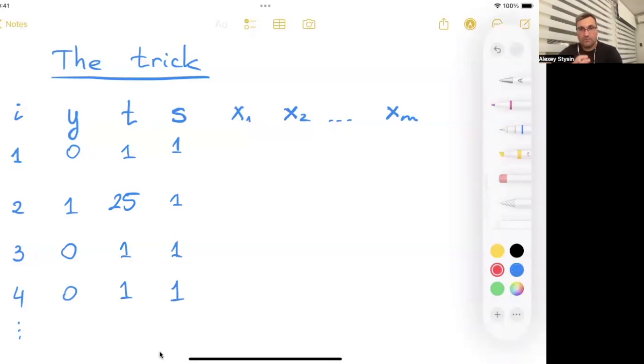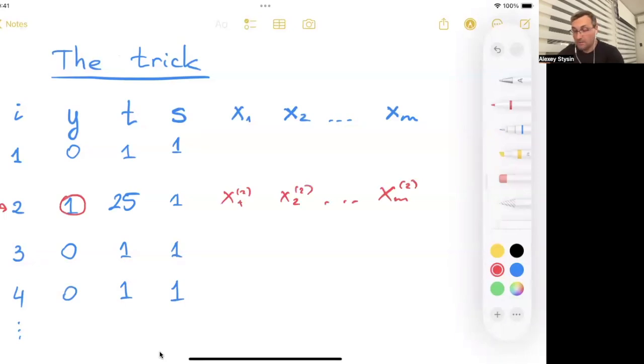So the idea of the trick is to find the rows that are clicks. For example, this row is a click. We have a click here, and we duplicate this row by copying the features. So this is going to be x1 for example number 2, x2 for example number 2, etc., up to xm for example number 2.